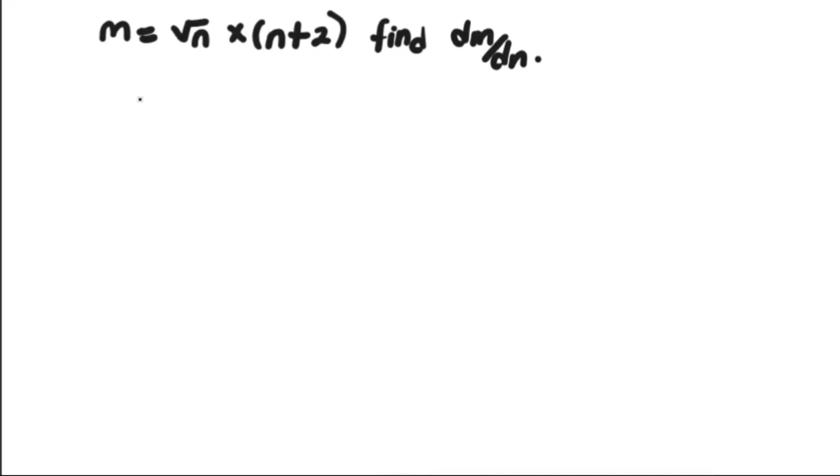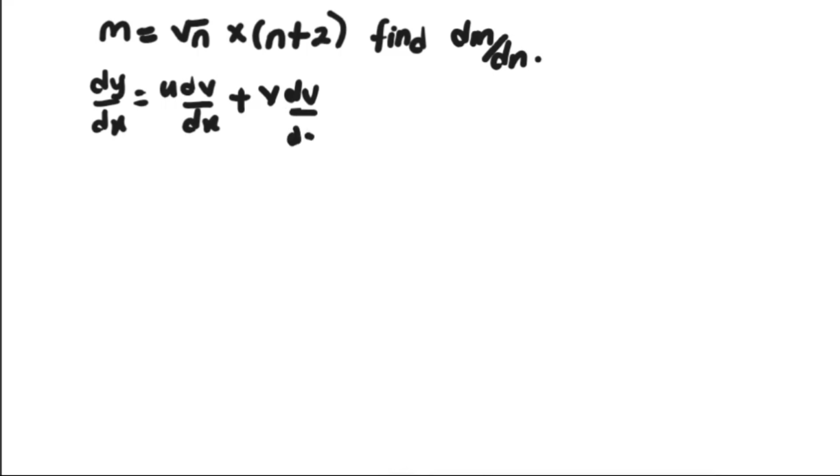So we are going to use the same approach. Here we know that dy/dx, because our fundamental formula is defined in terms of y and x, is defined by u dv/dx plus v du/dx.